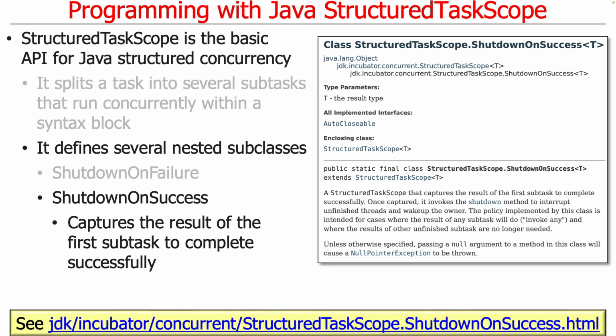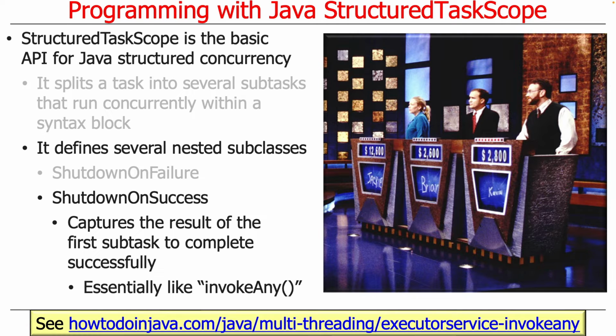The second class that comes out of the box is called ShutdownOnSuccess. And this captures the result of the first subtask to complete successfully, and then, as we'll see, it cancels everything else. So this is what's used to implement something called invoke-any.